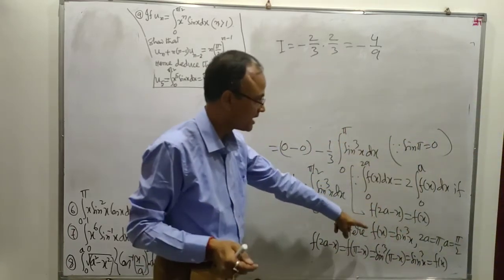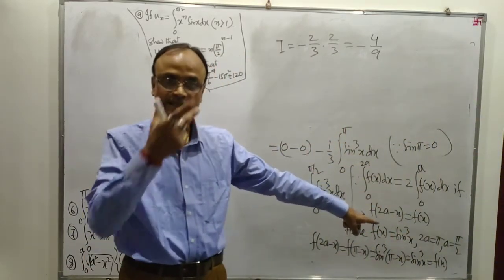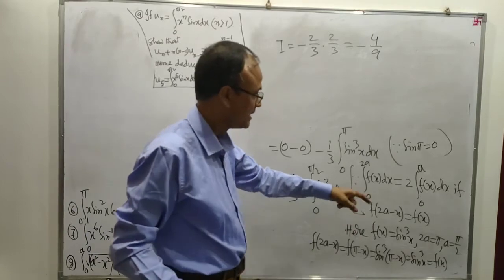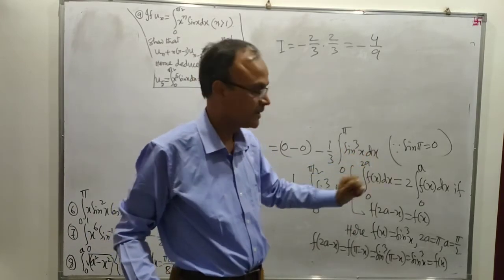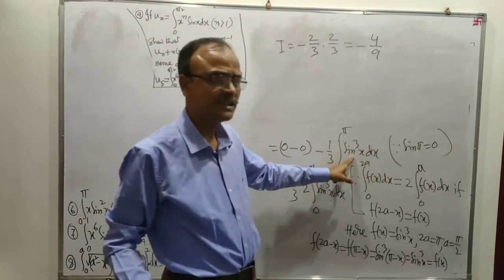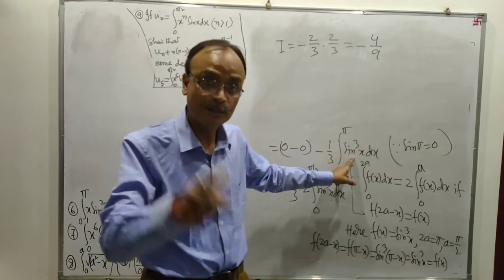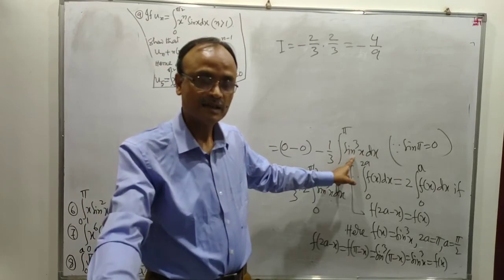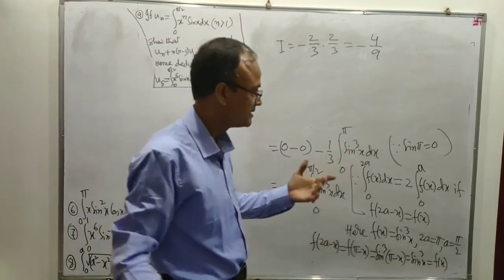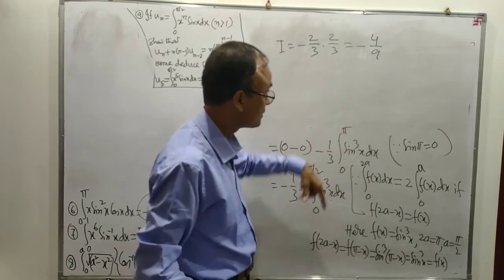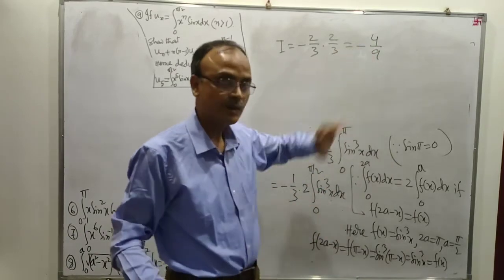Without applying the property of definite integral, you may write sin cube x equal to 1 by 4 into (3 sin x minus sin 3x). Then the result will again be minus 4 by 9.